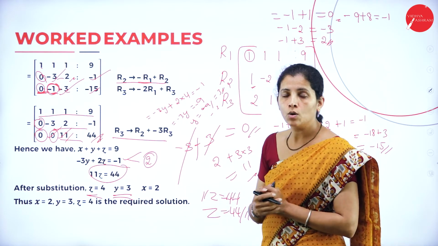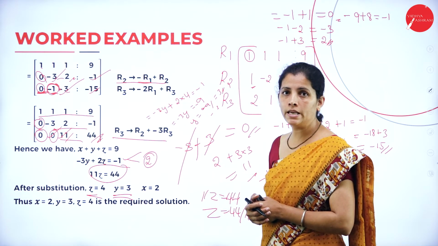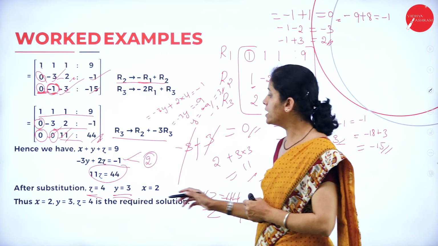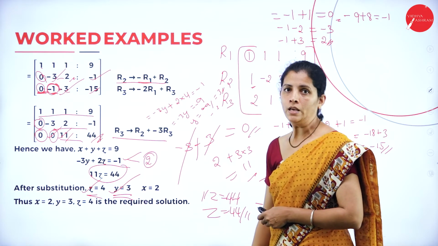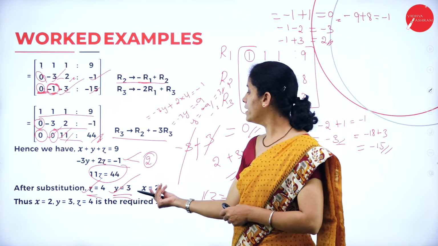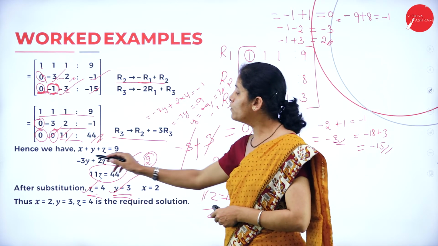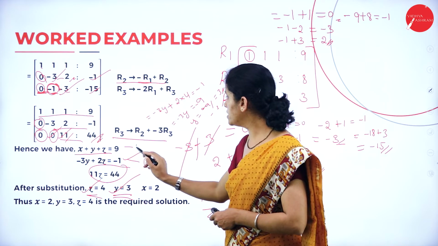Now, I got the y value as well as the z value. But what is remaining? I just want to find the x value. To find x, I am going to substitute the values in my first equation.